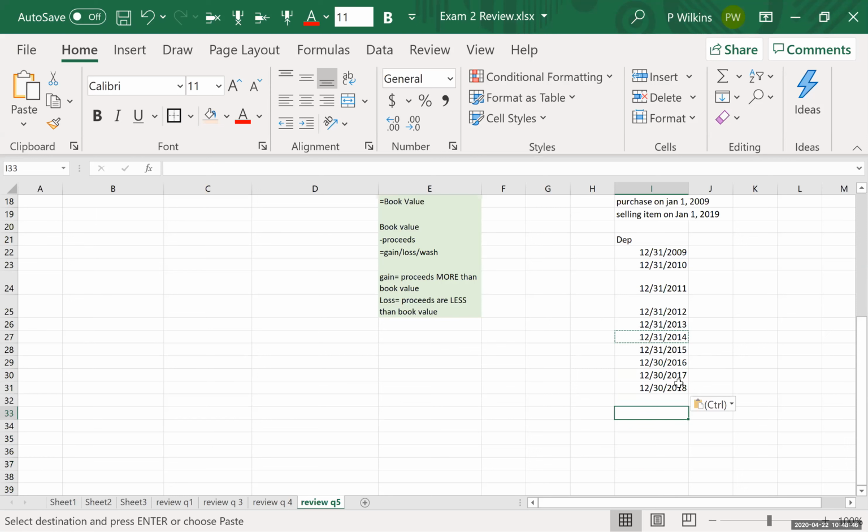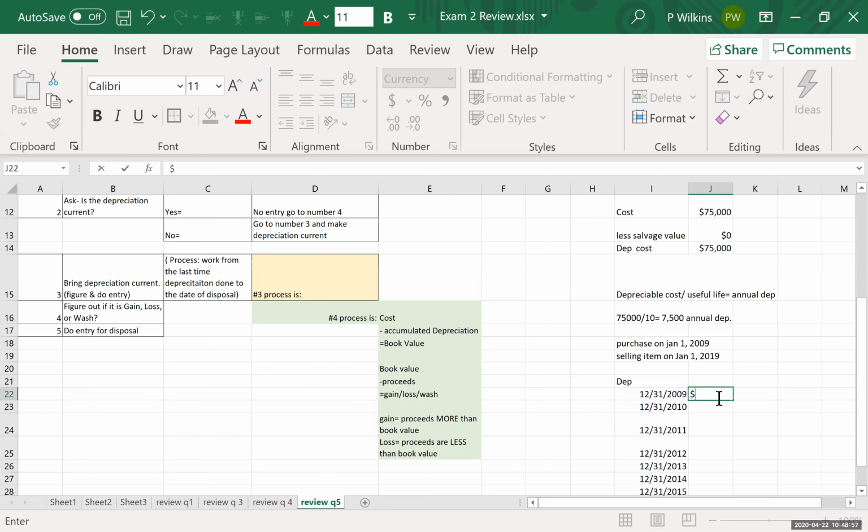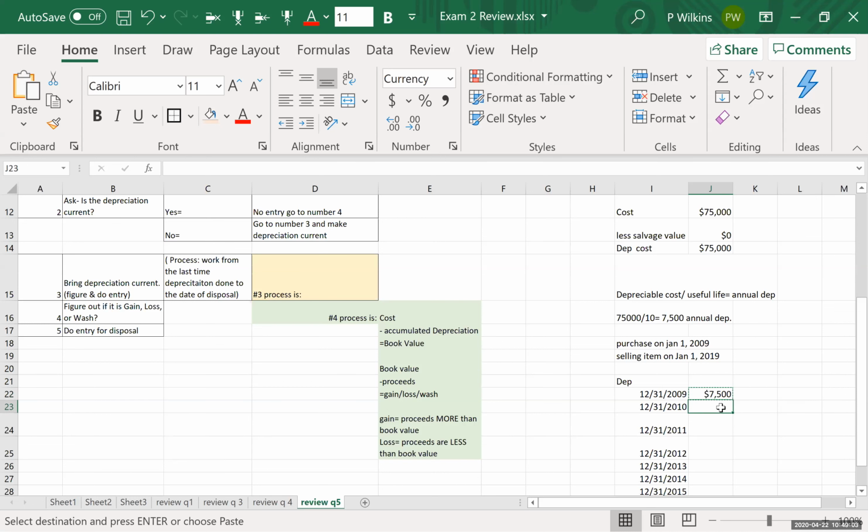The depreciation's been done every one of those years, right? And the annual depreciation was $7,500. So we've got $7,500 done every year for all these years, right?